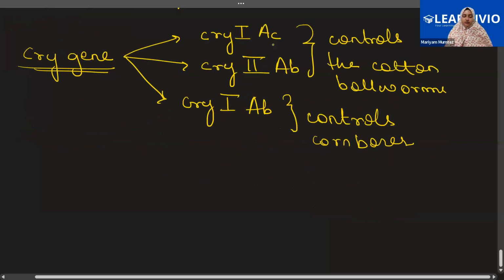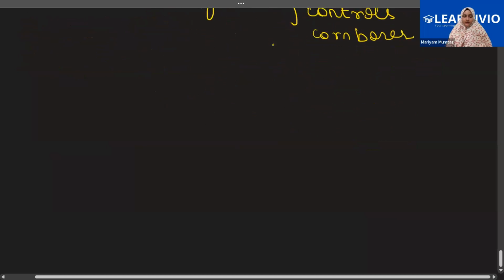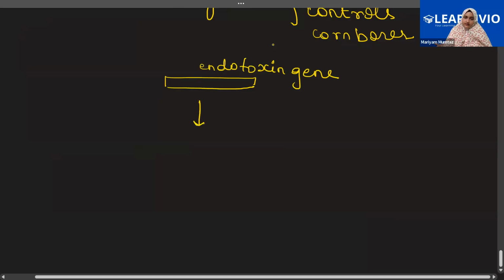Now, I'll give you a diagram so that you people can remember. This is the endotoxin gene. This is an inactive protein.